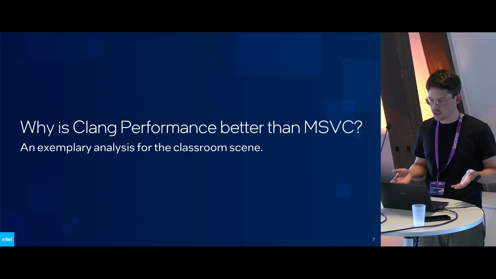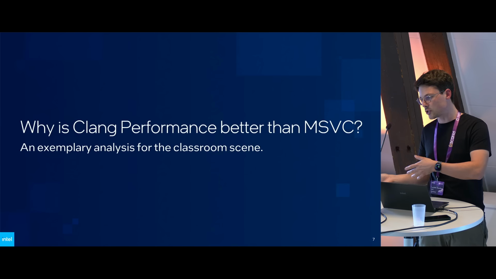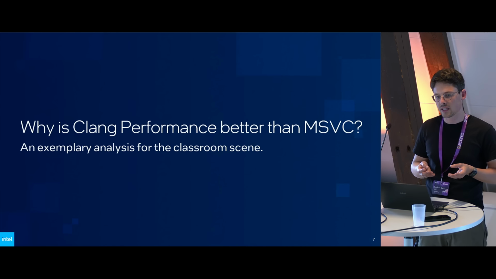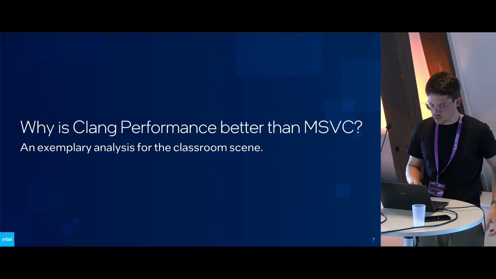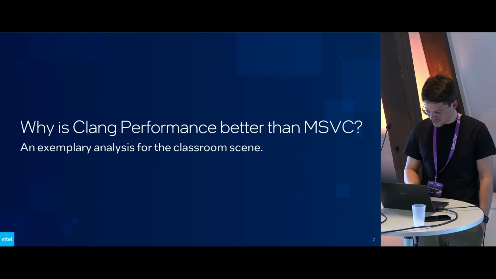I chose the classroom scene because it's in the benchmark. It shows us the most important points where the better performance is coming from, and for other scenes it will be relatively similar.